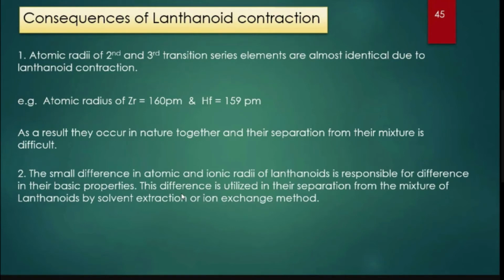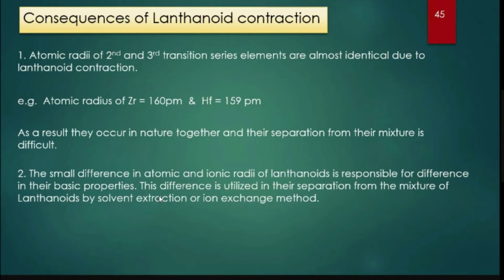The small difference in atomic and ionic radii of lanthanides is responsible for difference in their basic properties. Though there is a difference of just 1 picometer between these two elements, even such a small difference is responsible for difference in their basic properties, and this difference is utilized in separation of these elements from the mixture of lanthanides, either by solvent extraction method or by ion exchange method.